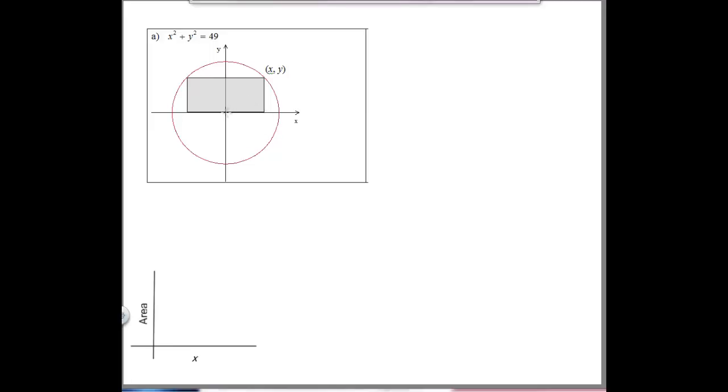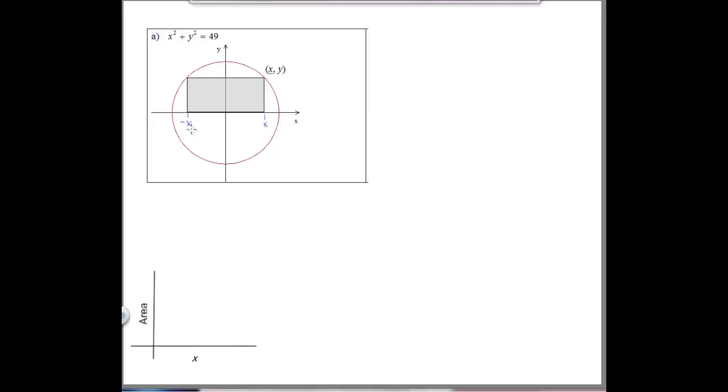Starting at the origin, if you go to the right, this position here is over x units, and this position over here is over negative x units.